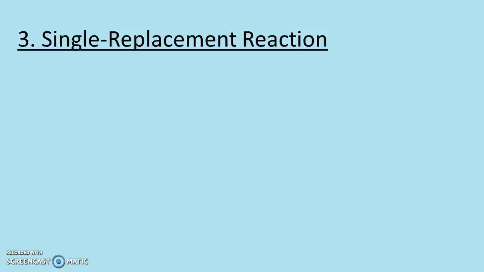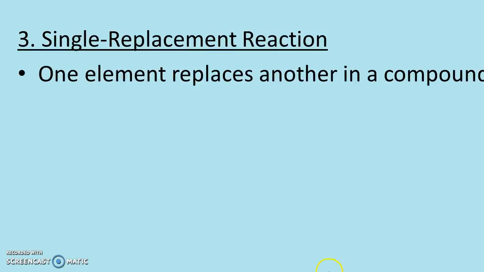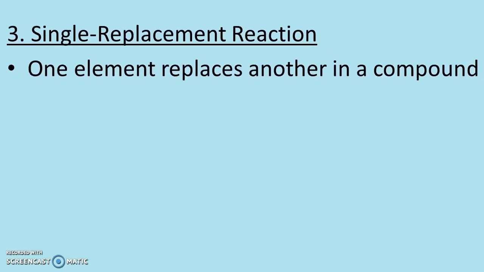Next thing is a single replacement reaction. And here's our definition. One element replaces another in a compound. So I'm going to go ahead and write our AB format for this. If we have element A reacting with compound BC, in this, A is going to take the place of B in the compound.